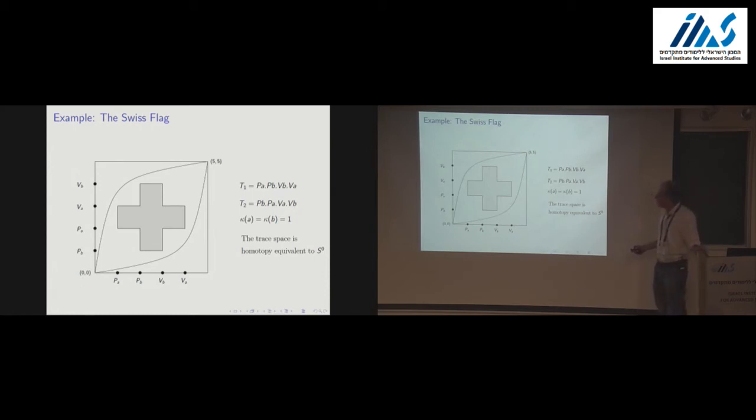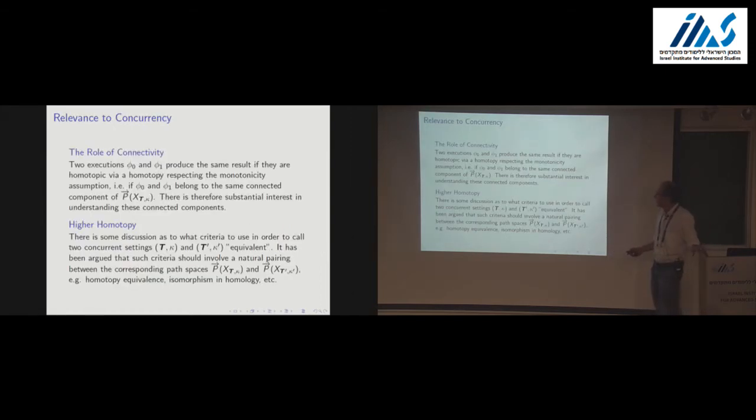One thing agreed among even the die-hard applied concurrency practitioners is that the number of connected components is important, because if two paths are in the same connected component, then concurrency theorists think of the results of the computation as the same. Now, it's a more delicate question whether higher homotopy is relevant.